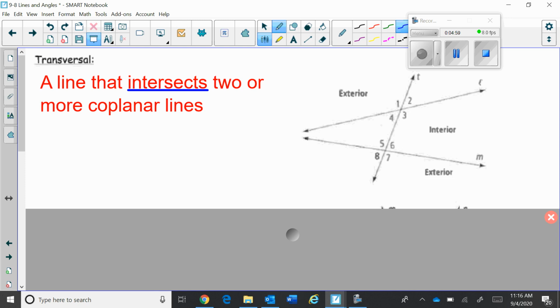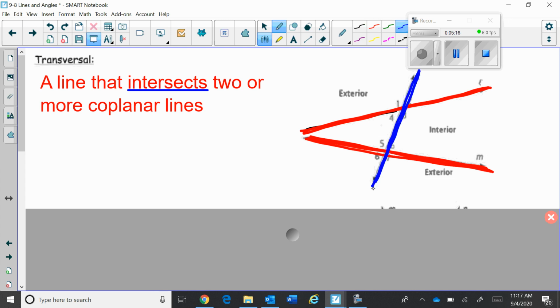Here are 2 coplanar lines, this line and this line, and the transversal is what's cutting through them right here. That's labeled T for us. There's our transversal. It's going to be super important to know that that's called a transversal, because that's going to come up in the rest of our definitions.